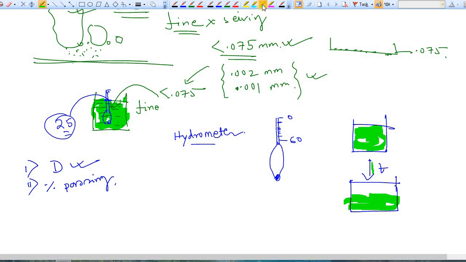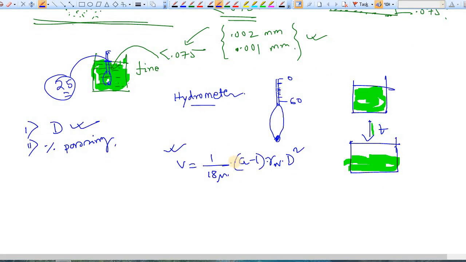As per Stokes law, the velocity in this type of solution is given by this formula, that is 1/18 mu (G minus 1) gamma w d square. This is the Stokes formula, and from this formula the velocity is known as the distance traveled L, let's say this is L in time t.